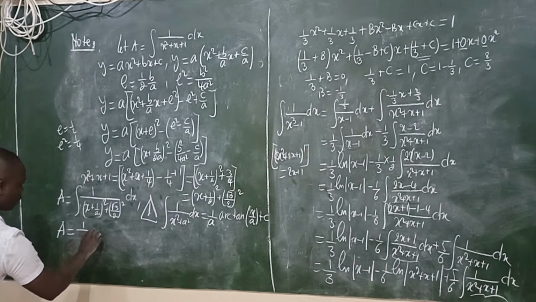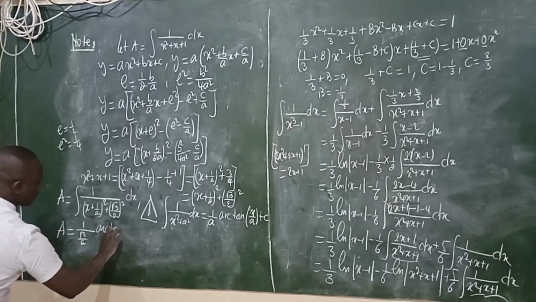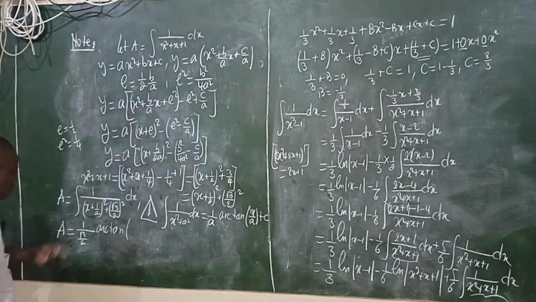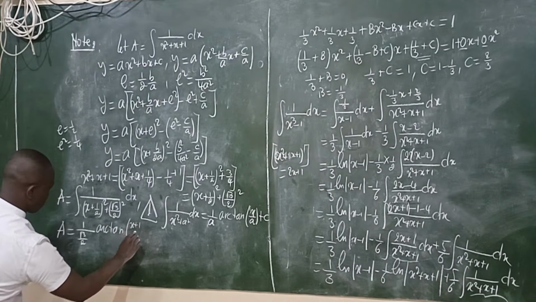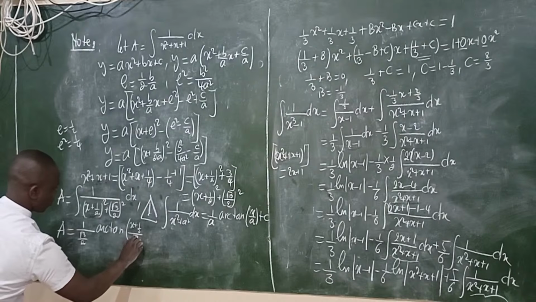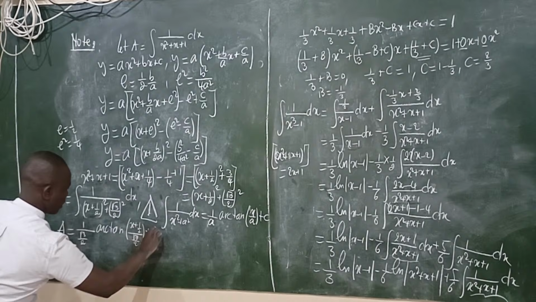It's 1 over the square root of 3 over 2 times arctangent of x plus 1 over 2 by the square root of 3 over 2. Here is root 3, guys, plus c.